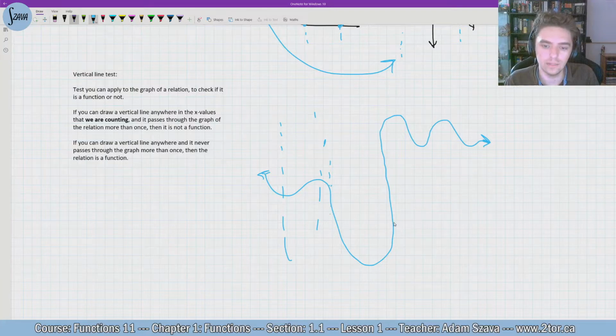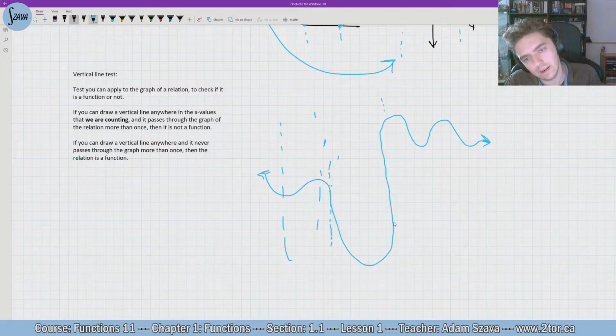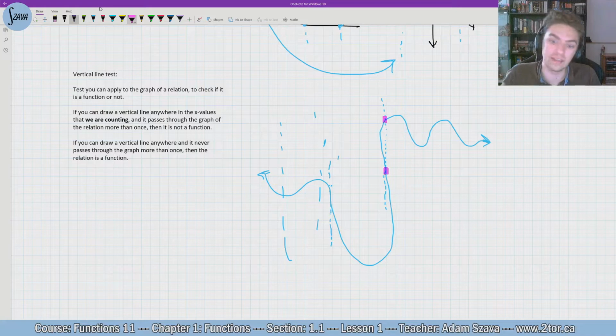Okay, so it looks like even though here it might look a little bit close, right? Yeah, that looks okay, right? It still kind of slants this way, right? So it's not like we're going to topple over each other. But what about right here? Oh, okay, well, my graph's not perfect, but see, there we have 2 intersection points, there and there, for that one x value. So this relation is not a function anymore.